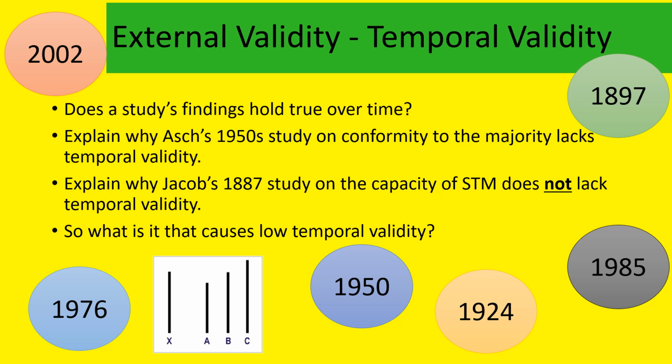And so 1950s America is seen as a kind of more conformist society. So because Asch's study was looking at conformity to the majority, we call that particular study a child of its time, because since then there have been changes in society, and people aren't scared of being accused of being a communist, not in the same way they were in the 50s at least. And so we might see different results.